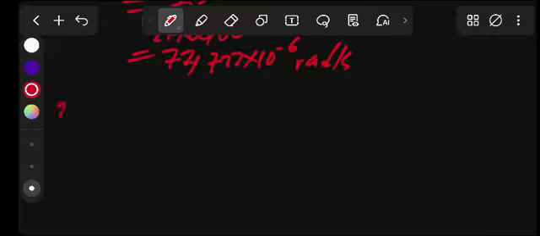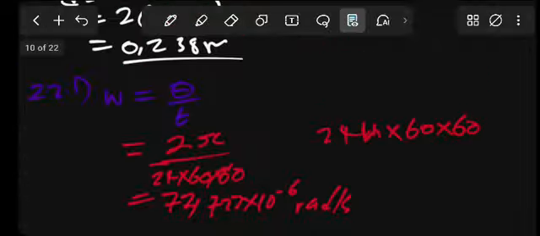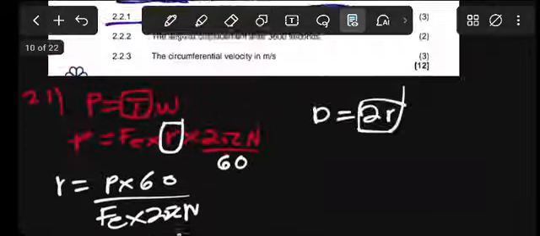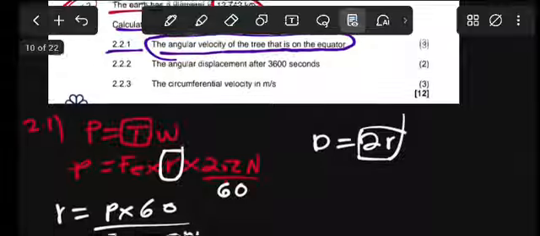Angular displacement, guys. That is what they want. Let me check. What do they want? Angular displacement.